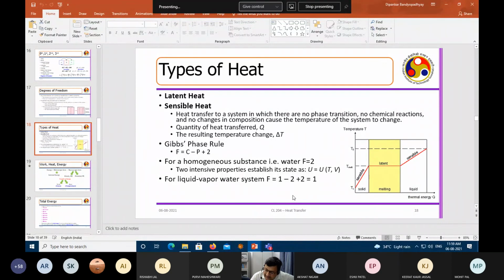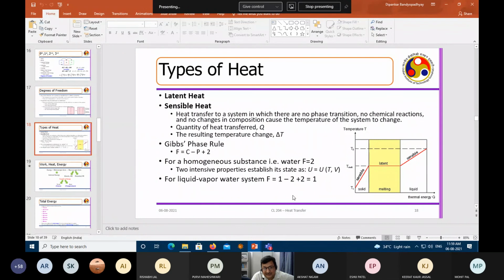Now, what is your system? Is it oil, is it water, or is it the oil water interface? You have to be careful about what your system is. If you take the oil water interface as the system, how many phases are there? 2 phases, oil and water.